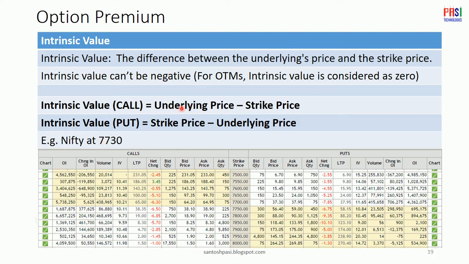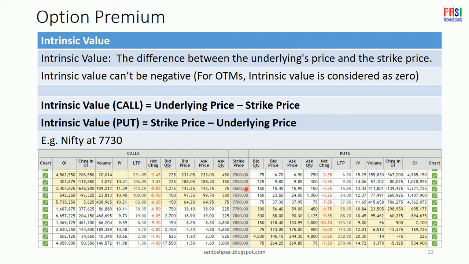So intrinsic value would be 7730 minus 7500. For 7500, my intrinsic value is 230, but the last traded price is 231 rupees and 5 paise. So 230 is my intrinsic value, and the remaining 1 rupee 5 paise is my time value.